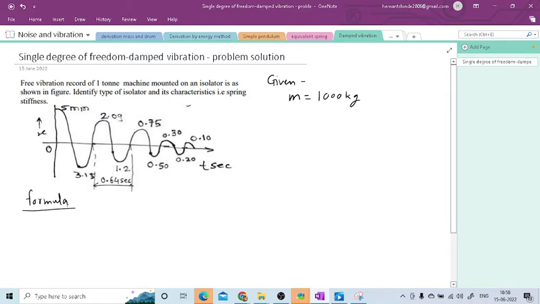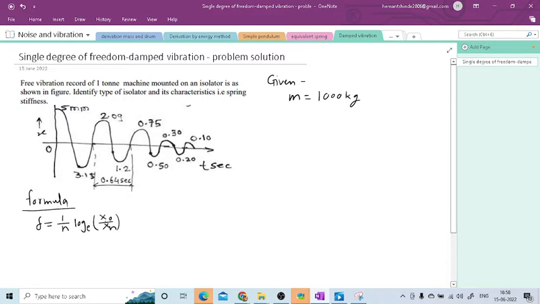The first formula from this graph is the logarithmic decrement, delta, which is given by two formulas. I'll write both formulas. The first formula is 1 divided by n, log to the base e, x naught by xn.